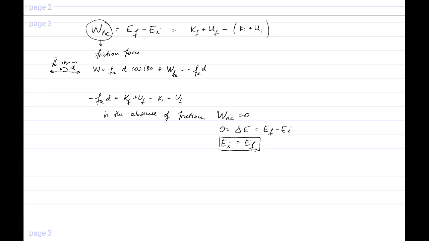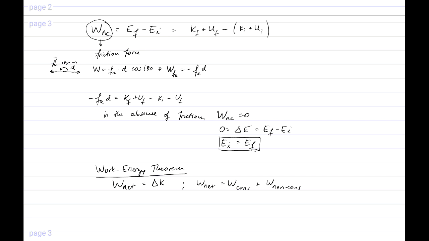Another concept is called the work-energy theorem. And that says that the net work is equal to the change in kinetic energy. Now, what does net work mean? Net work is the work done by conservative forces and work done by non-conservative forces.